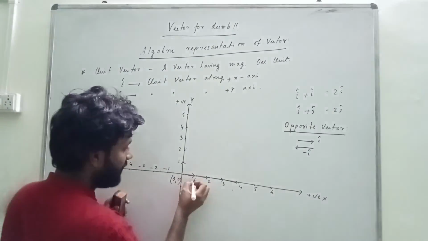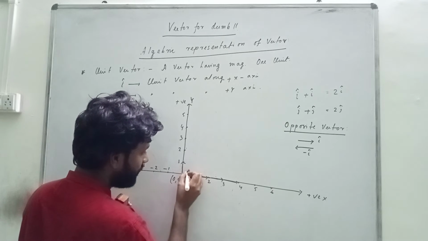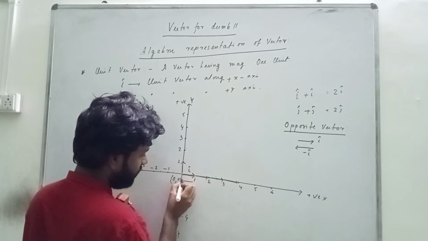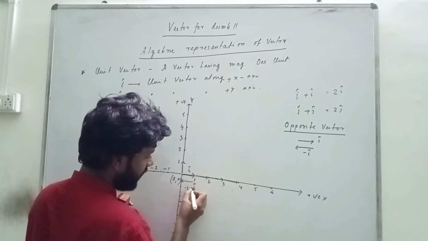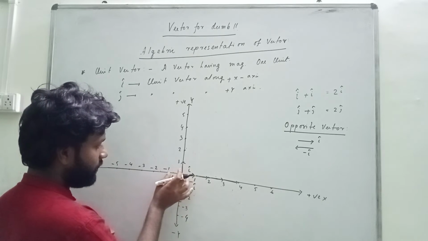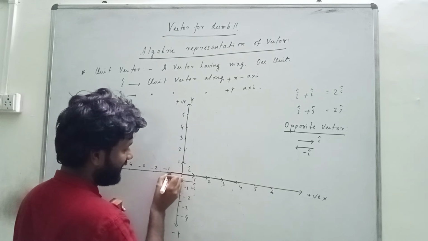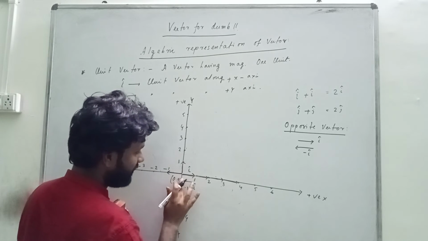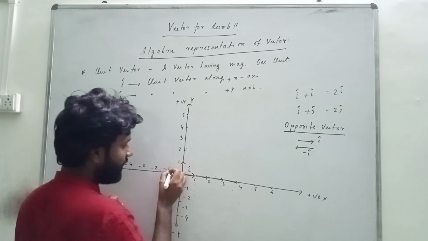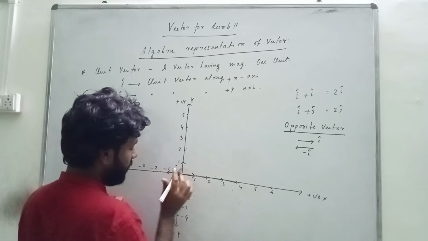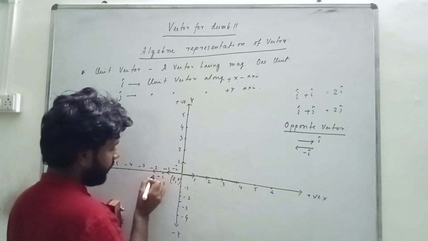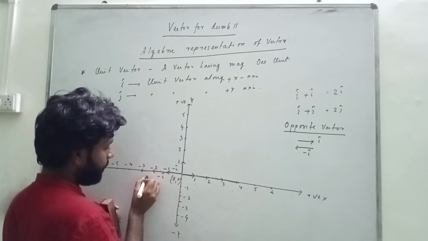It's a very simple thing. And if you shift this from here to there, it is your minus i cap, because this is the negative axis. It is another minus i cap here, and another minus i cap here.